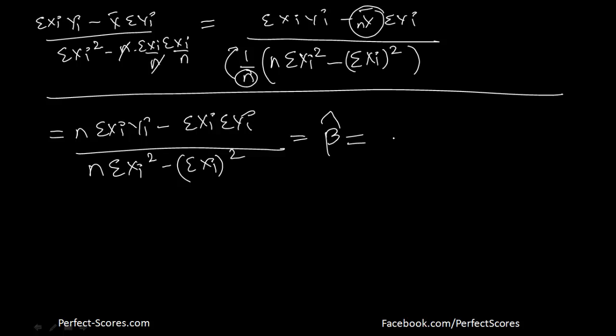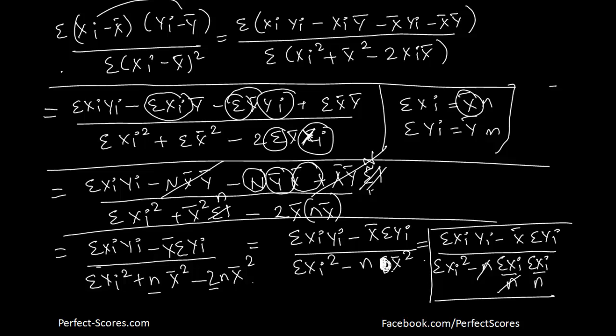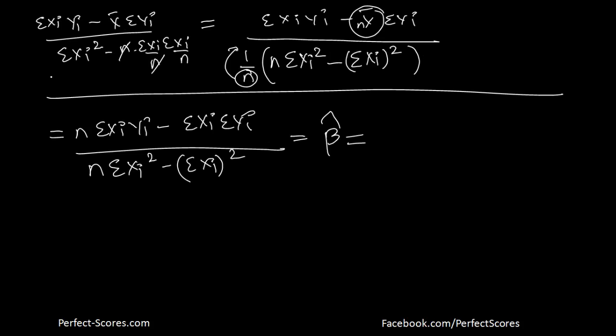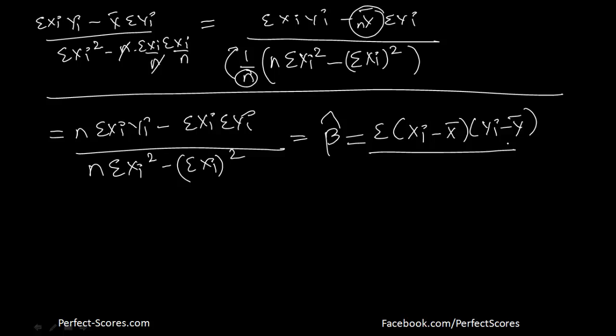That means I can write beta hat as equal to what I started with, that is summation of xi minus x bar into yi minus y bar, divided by summation of xi minus x bar whole square, right?